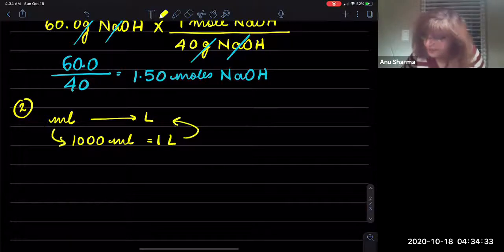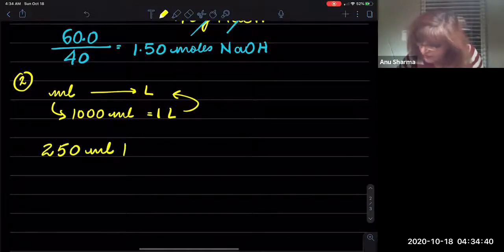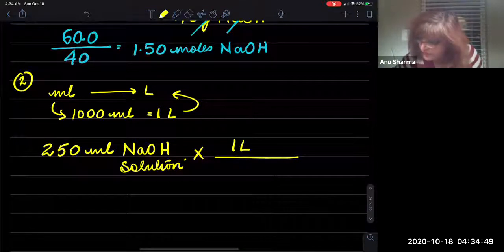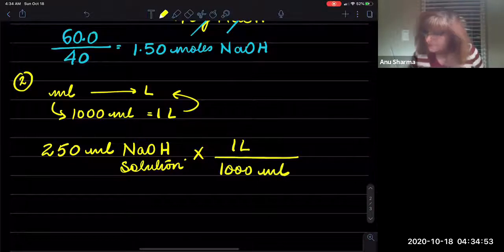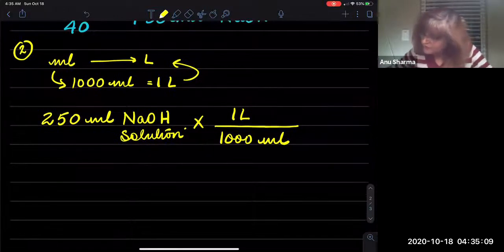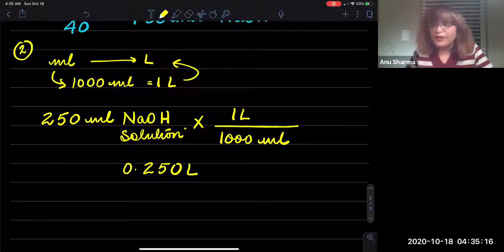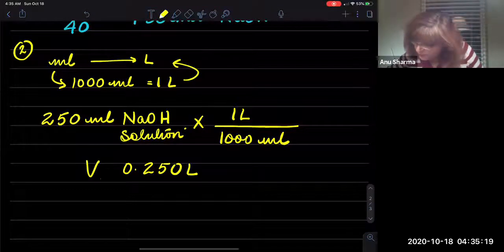So 250 milliliters of NaOH solution times 1 liter over 1000 milliliters. 250 divided by 1000 is 0.250 liters. Now that is your volume in liters.